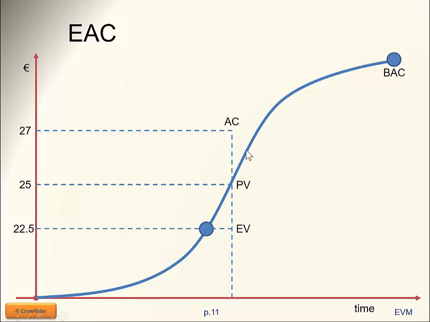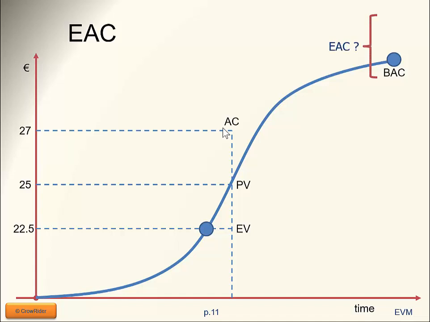While in reality, I've spent money, cash out of the pocket, the actual cost. So my question is, if this big dot down here on the earned value is where I'm actually standing and the actual cost is how much I've actually spent, how much will I actually spend by the end of the project? That's what we call the estimate at completion.